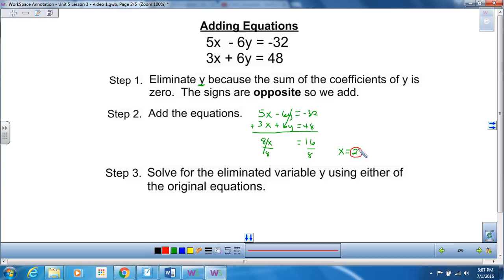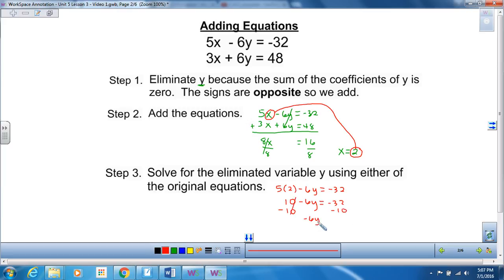So this is x, so I'm going to plug 2 in for x into either original, it doesn't matter. So 5 times 2, because 2 is now x, minus 6y equals negative 32. 5 times 2 is 10, so we'll subtract 10 from both sides.